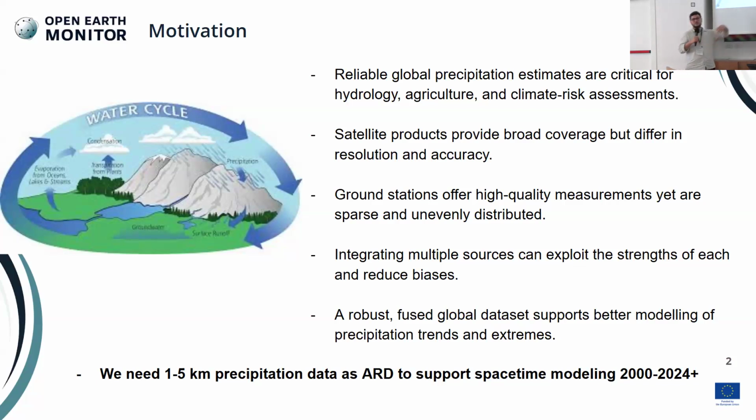Also, lots of station data sets are available that can be merged with the satellite-based information to reduce bias and possible artifacts, together with other covariates that drive precipitation changes in space and time. But the main ideology behind this was driven by the fact that we are extensively mapping properties from 2000 onward with the R&D Landsat data set we have.